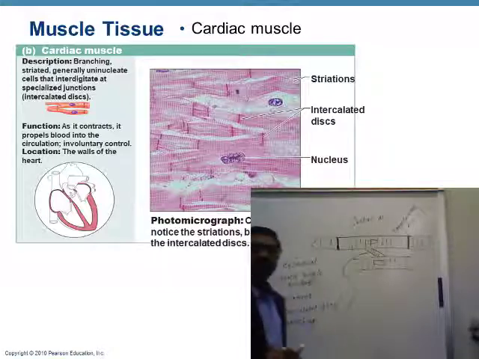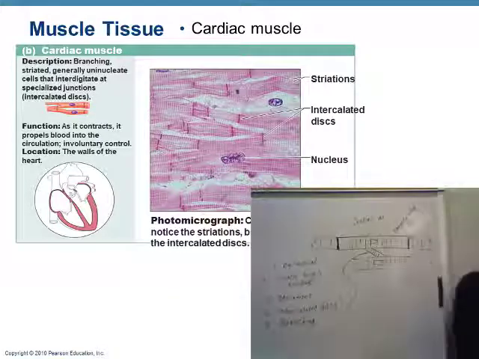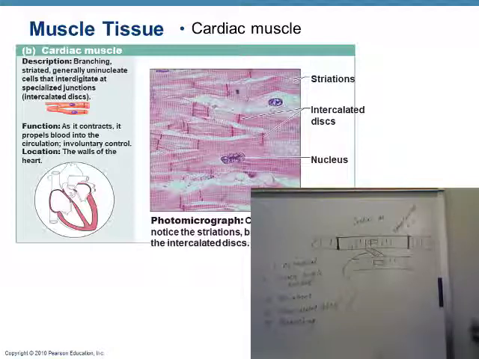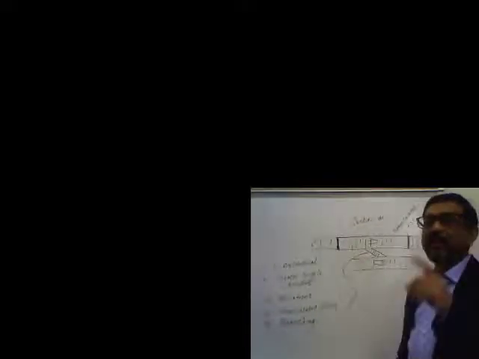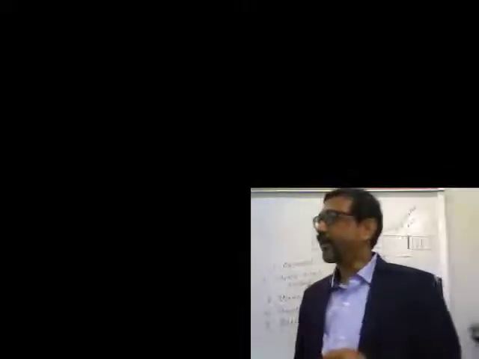These are the histological properties of cardiac muscle tissue. Repeating again, cylindrical fibers, striations are present. These two things are same as skeletal, but what are the things different? Single nucleus, usually, branching and intercalated discs. These are not present in the skeletal muscle tissue. Okay, so that is the cardiac muscle.